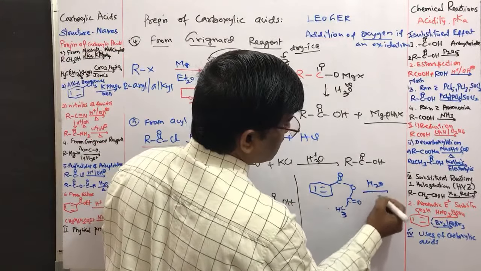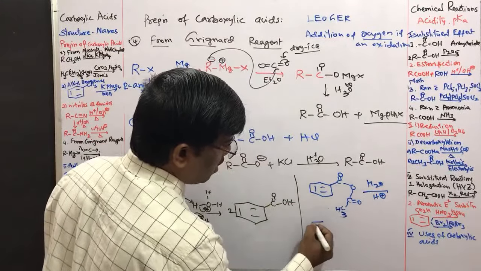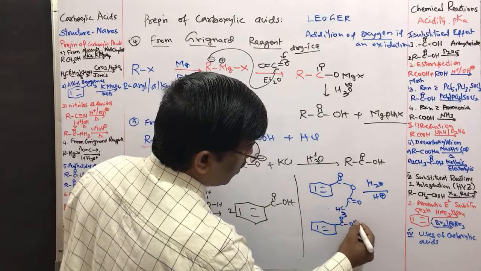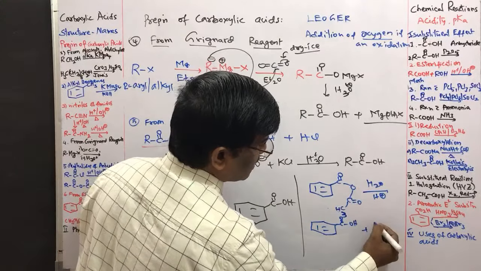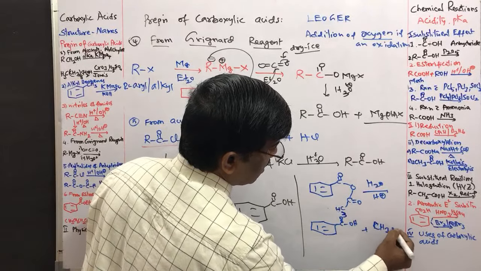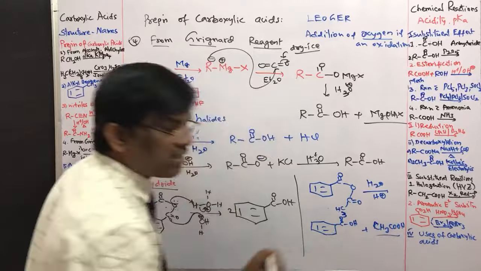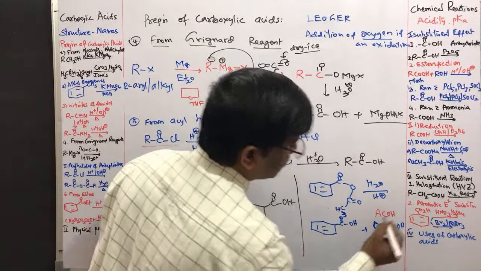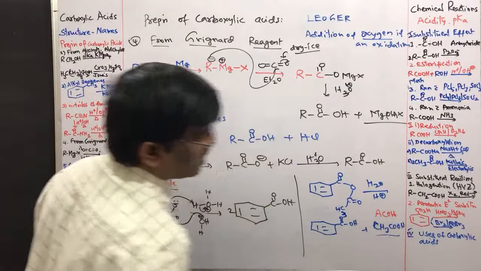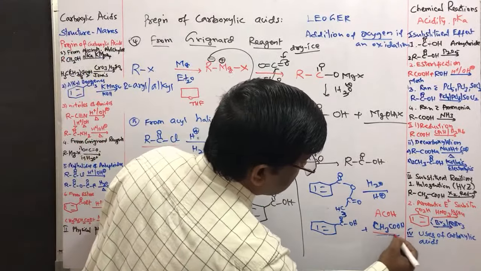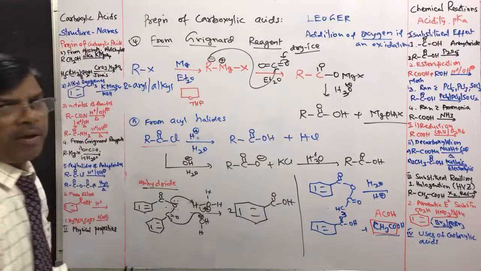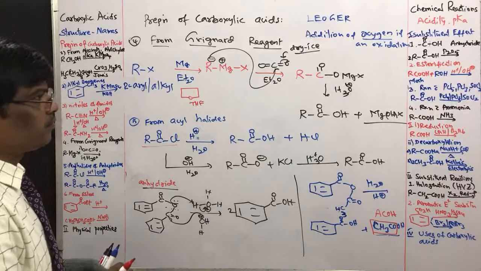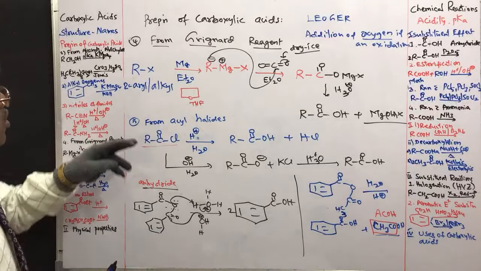Upon hydrolysis, or H plus hydrolysis, I am going to get benzoic acid from the benzoic part, and this is acetic acid, CH3COOH. Dear students, acetic acid can be written as AcOH. Please remember, Ac stands for acetyl group, CH3CO.